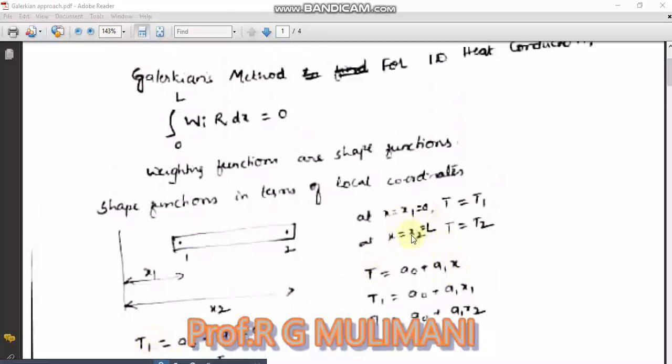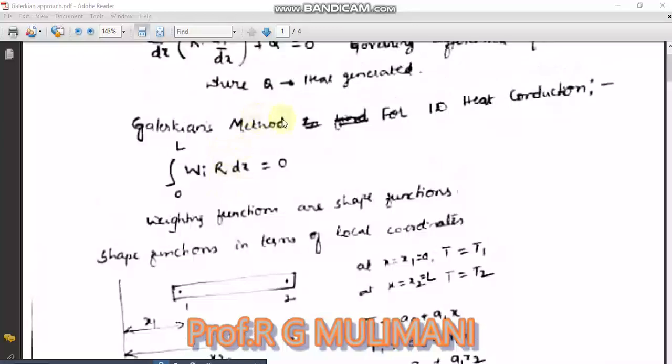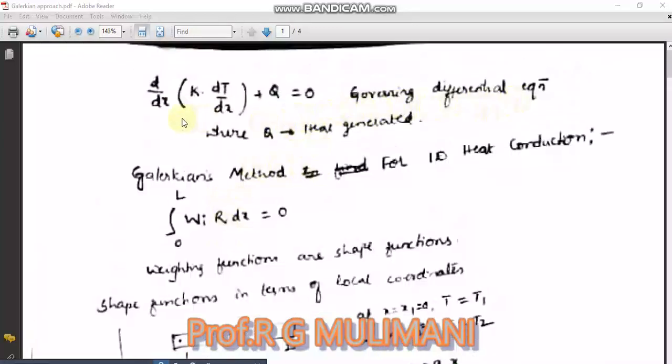After assuming and solving this, we get the shape function. So let us assume the shape functions are the weighting functions, and the residual is the governing differential equation of the heat conduction. Let us integrate this with respect to x, equal to 0.